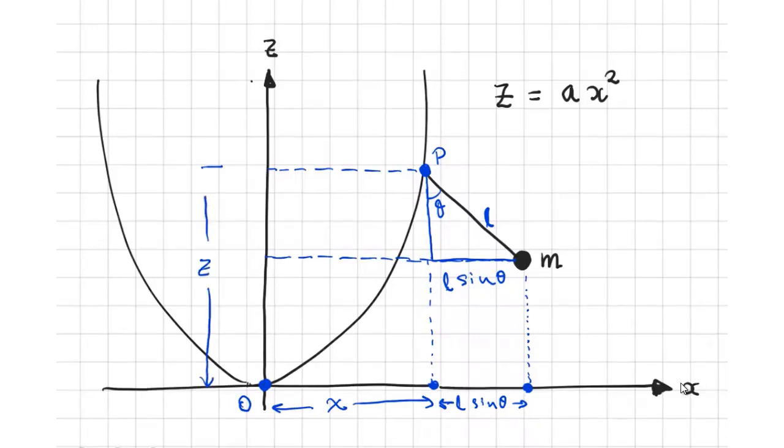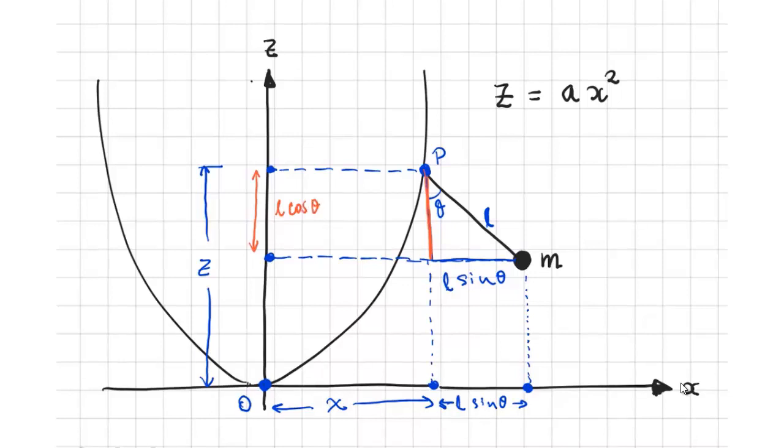And the distance between the projection of the mass along the z-axis and the point P, because of the geometry of the problem with this triangle, this side, the red one, is the adjacent side, and that side is L cosine of theta.